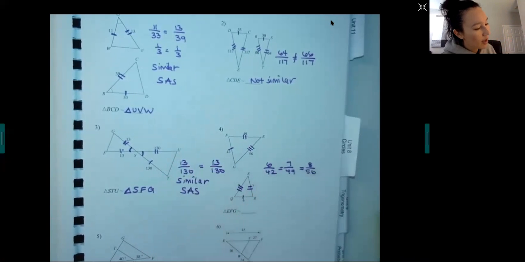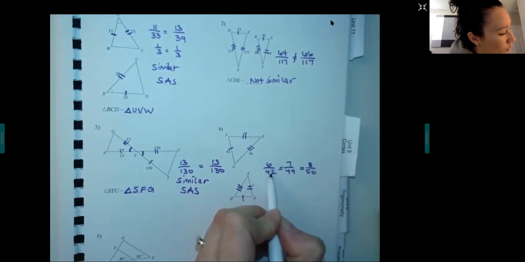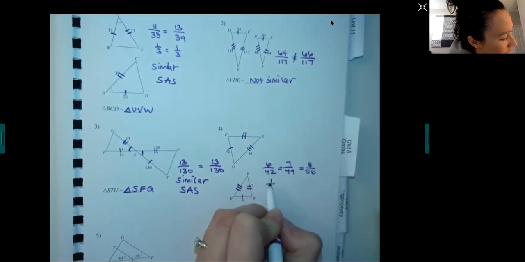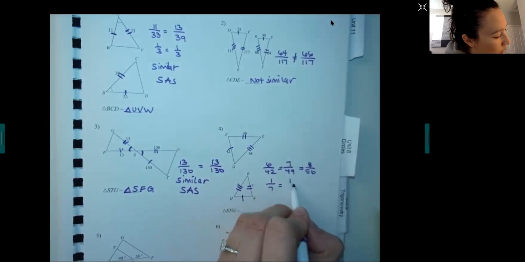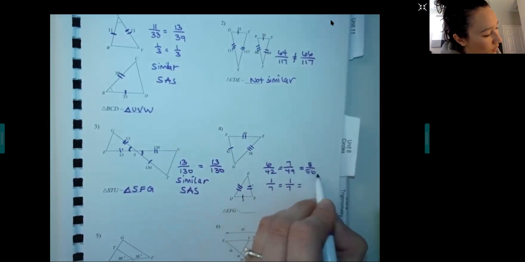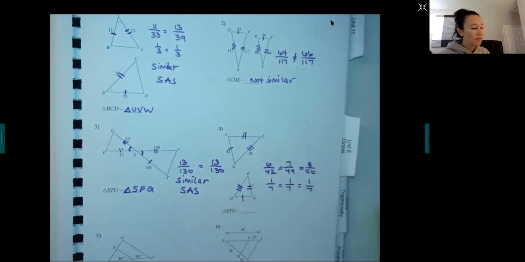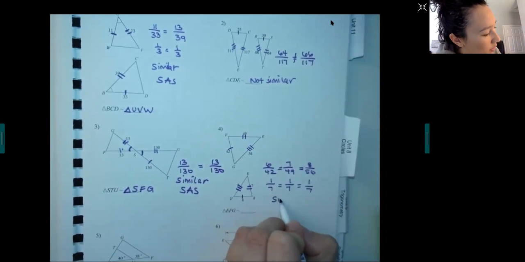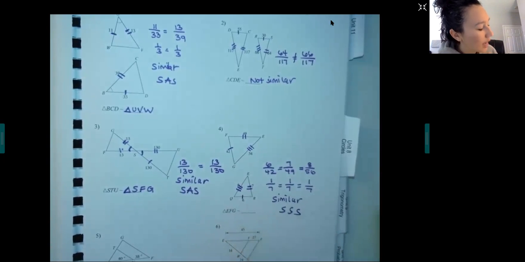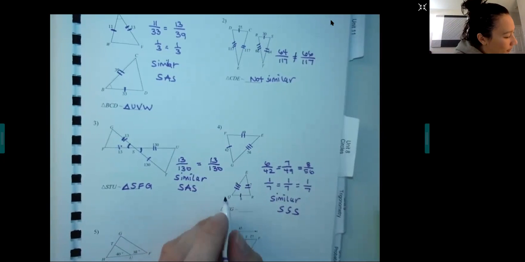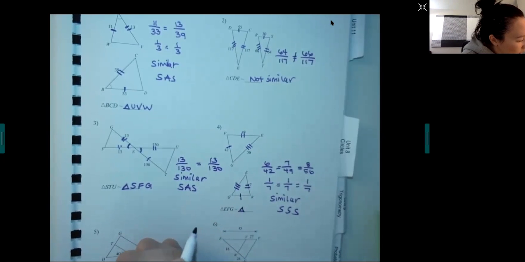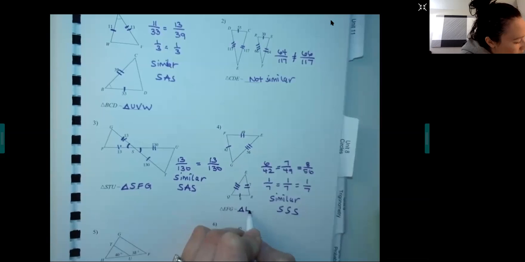We can divide 6 over 42 by 6, and that would be 1 over 7. 7 over 49, if we divide the top and the bottom by 7, we get 1 over 7. And 8 over 56, if we divide by 8, we get 1 over 7. So yes, they are similar because of side, side, side. And so triangle EFG is similar to triangle EQR.